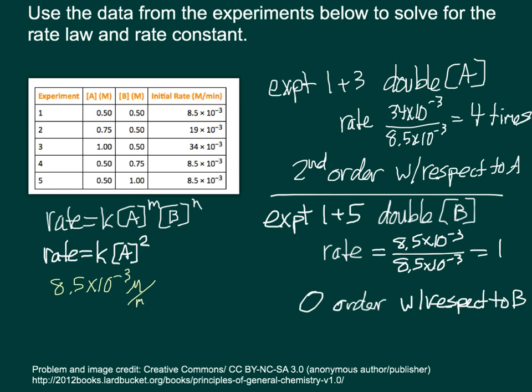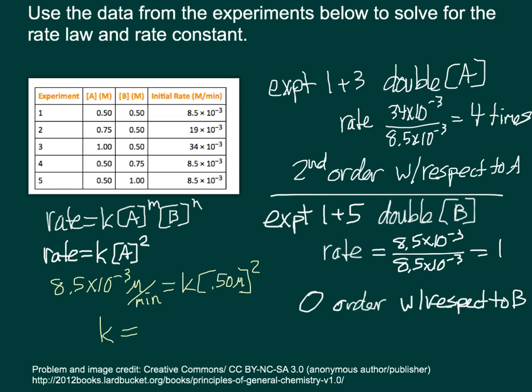We're going to divide both sides by 0.50 molar squared, so by 0.25 molar squared, and what we're going to get is K is equal to 0.034. That'll be molarity to the minus 1 and minutes to the minus 1.